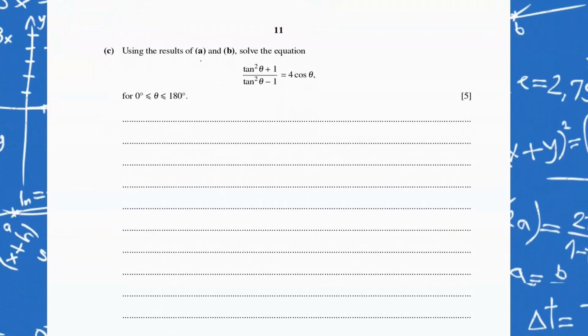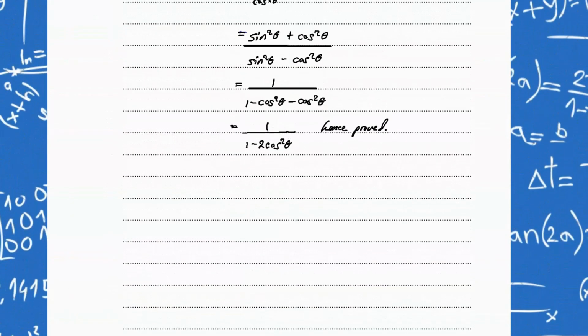They say, using the results of A and B, solve this equation for values of theta between 0 and 180. Right, so this left hand side is what we proved to be this.